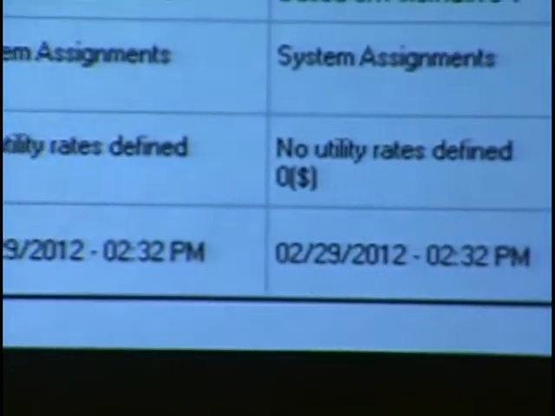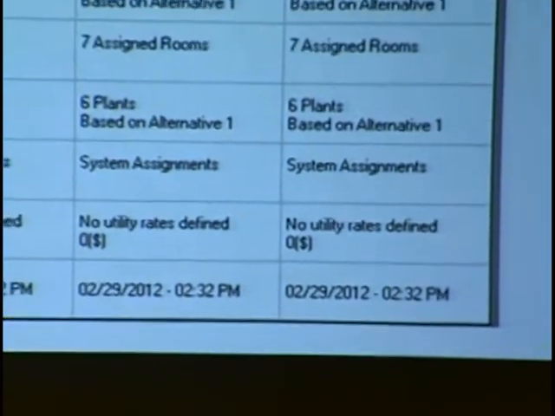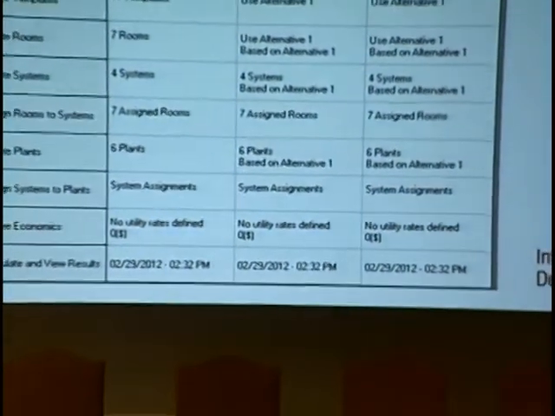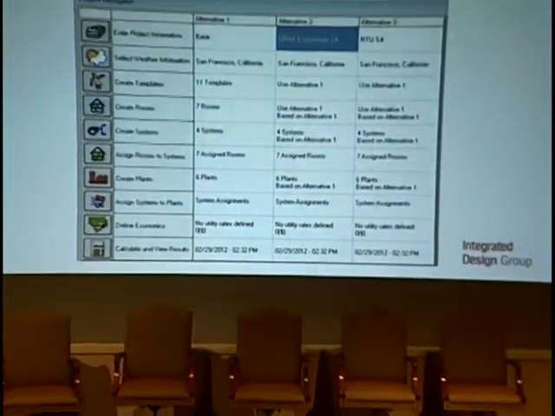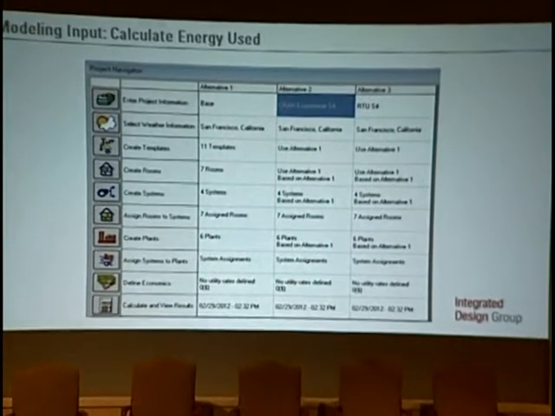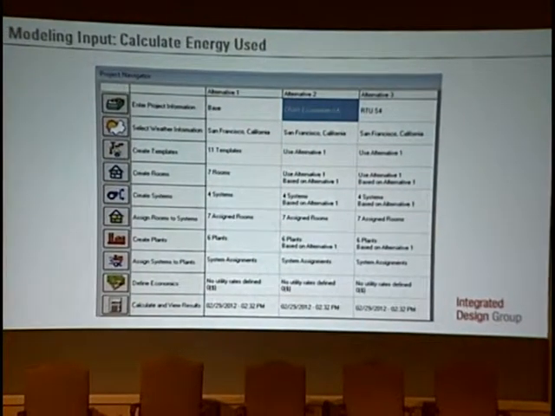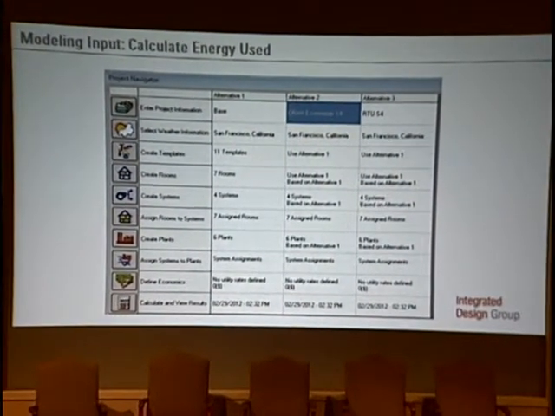This is the input sheet of Trane Trace, which is the software program that we use to calculate the cooling loads and the energy loads for any building. It calculates on an hourly basis throughout a typical year.